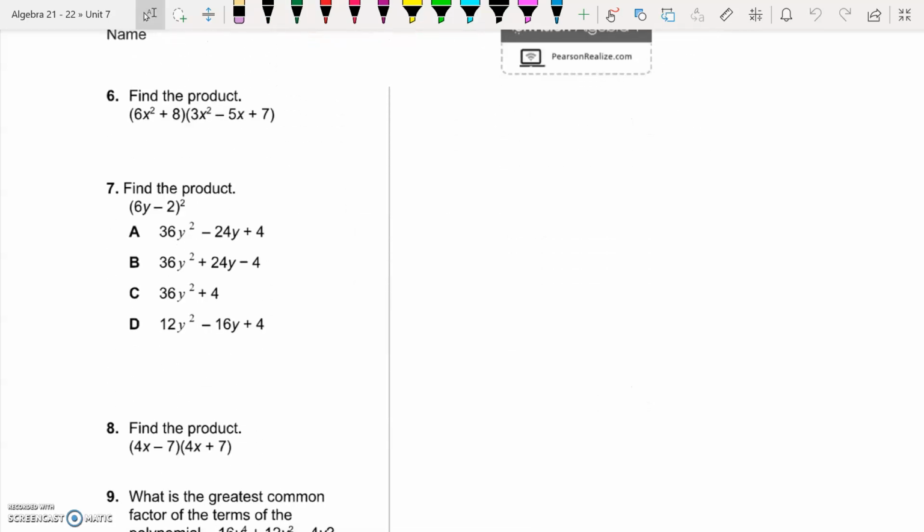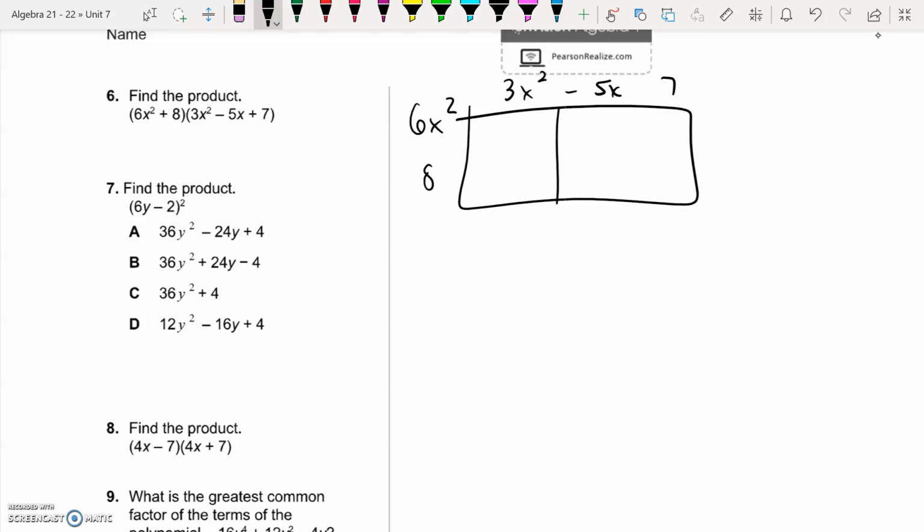Number 6 is still the box method. It's just going to be a lot more multiplication. So I have 6x squared and an 8, and then I have 3x squared, negative 5x, and 7 on my box. So this will give me 18x to the 4th, sorry, and negative 30x to the 3rd, and then 42x squared. And then I would also have 24x squared in this one, negative 40x in this one, and a positive 56.